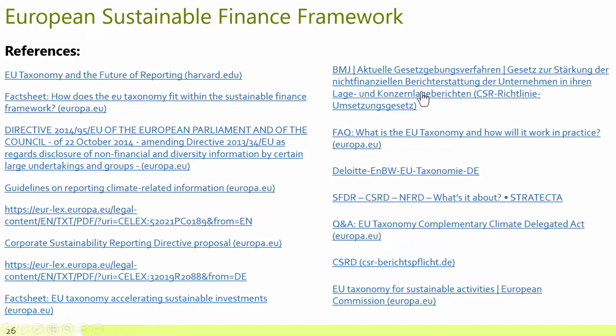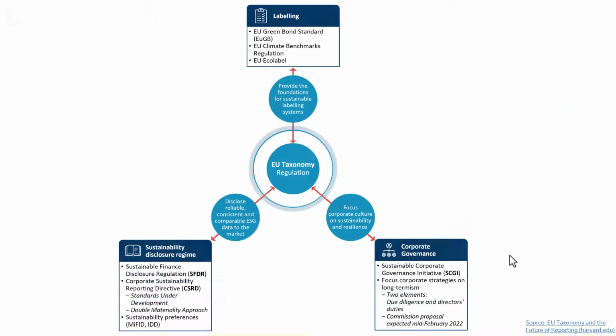Here are all of these rules and regulations, and most of them are in English, but some are in German. Okay, so in summary, if we try to bring these things together, we had a look at SFDR, the Sustainable Finance Disclosure Regulation, and the Corporate Sustainability Reporting Directive.